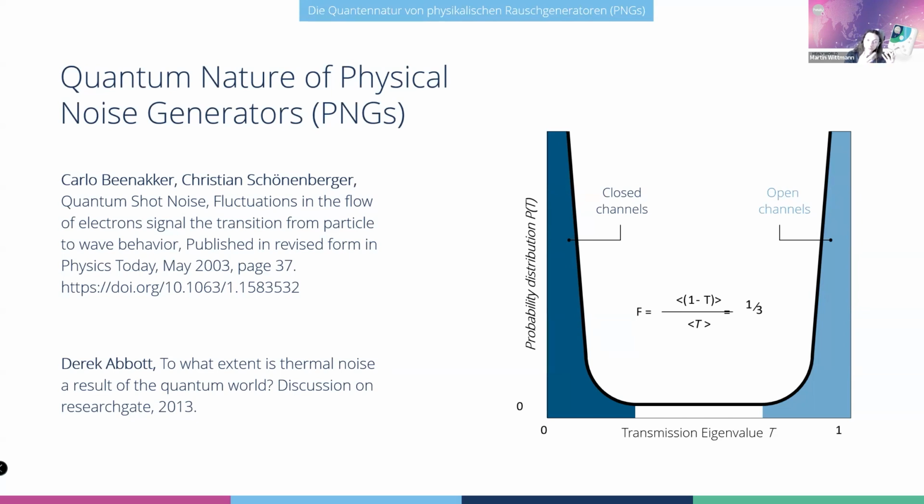Thermal noise is what a noise generator basically generates, and two thirds of the data that comes out of a noise generator is based on quantum events. And those quantum events, of course, can be changed. Those are the quantum events we are using.